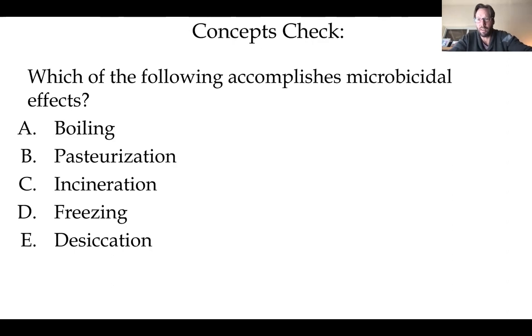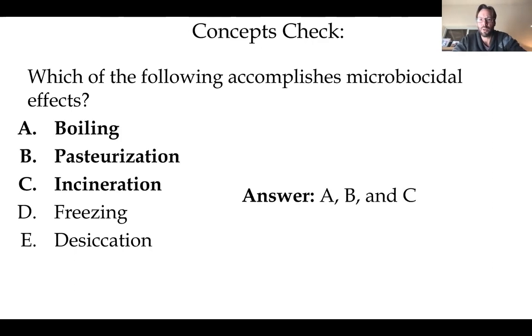It won't kill everything, but it will kill a lot. Pasteurization won't kill everything, but it will kill some things. And incineration will kill some things, not necessarily everything. Sometimes it could, depending on the conditions. Okay, does that make sense, guys? So the first three are going to be microbicidal. D and E are going to be microbiostatic.